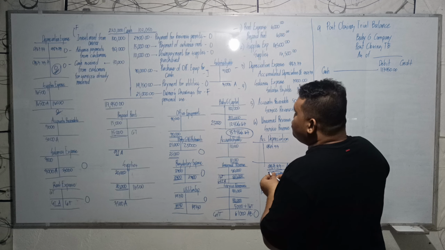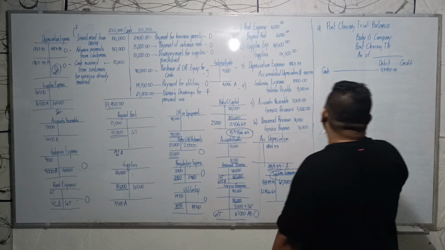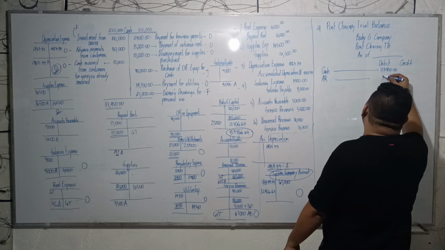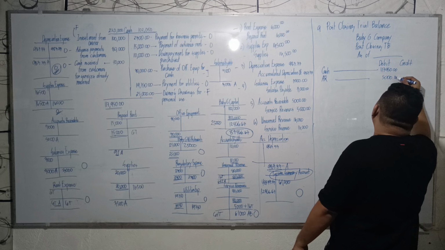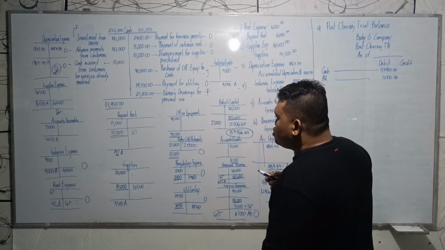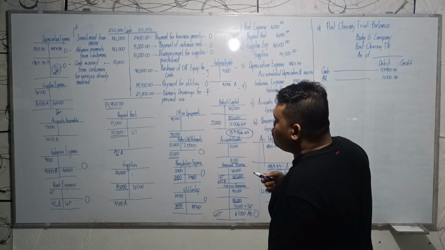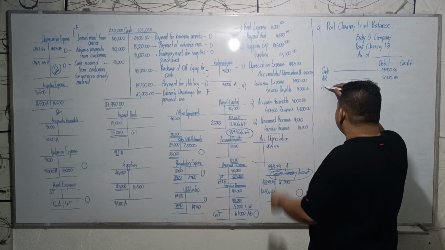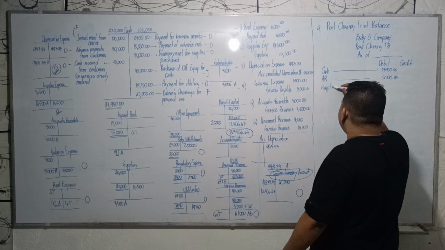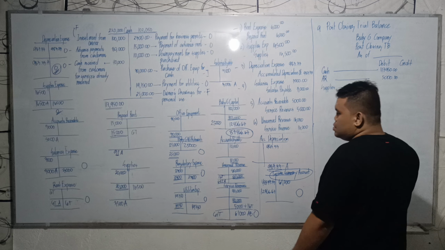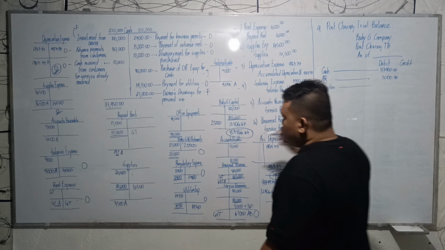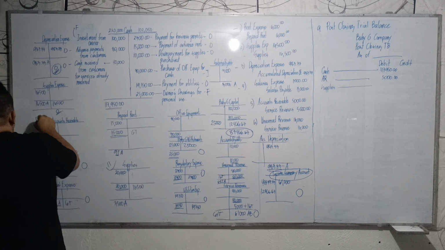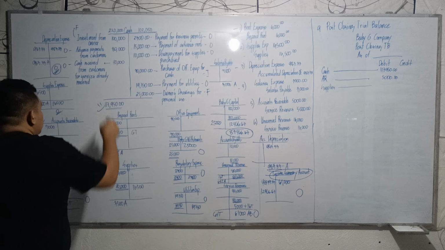Okay? So that's cash, 117,950. We have accounts receivable, I guess. Accounts receivable has a balance of 5,000 debit. And after the accounts receivable, let's have the supplies first. I'm gonna put here some smiley faces so that I'll know that I have posted it.